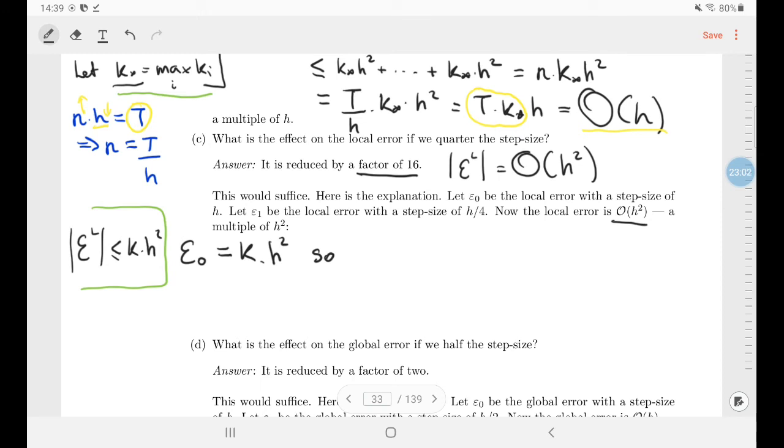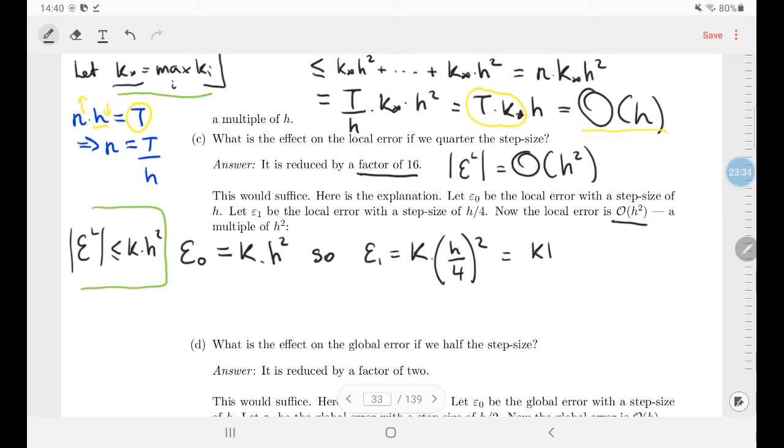Reducing the step size by a factor of 4, we reduce the local error by a factor of 16. If you understand that, that's fine. What I'm writing now is an attempt to explain this with maths. The original error is kh squared. The new error, we're going to say, has the same constant, and now it'll be h over 4 squared, because we're quartering the step size. h over 4 squared is h squared over 16.